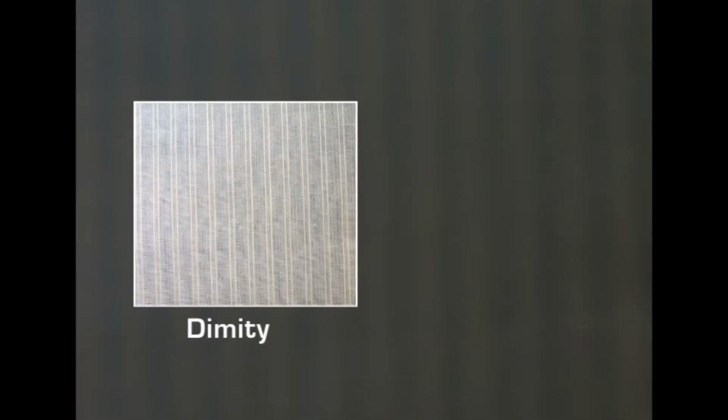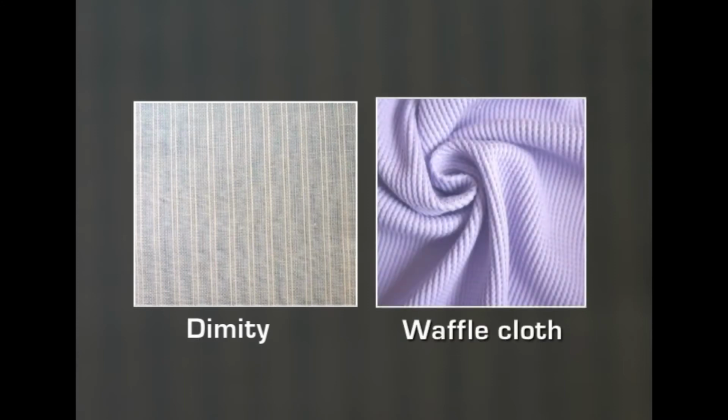The fabrics are produced in different weights, ranging from lightweight to heavyweight fabrics. A lightweight fabric example is dimity and a heavyweight fabric example is waffle cloth. The 3D effect on these fabrics appears to be embossed. Quite often you see pique fabrics in white or just plain solid colors, which means only one color.